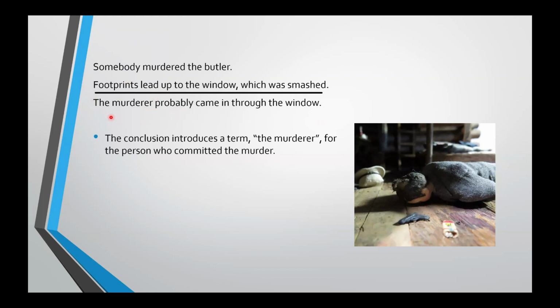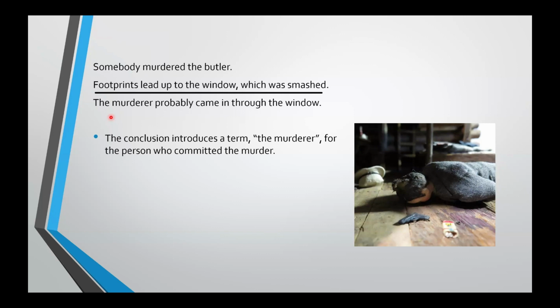This is a term that we're introducing for the person who committed the murder. And this is actually an important move because by introducing this term, we can refer to this person. And because we can refer to this person, we can integrate different lines of evidence more easily, et cetera, et cetera.